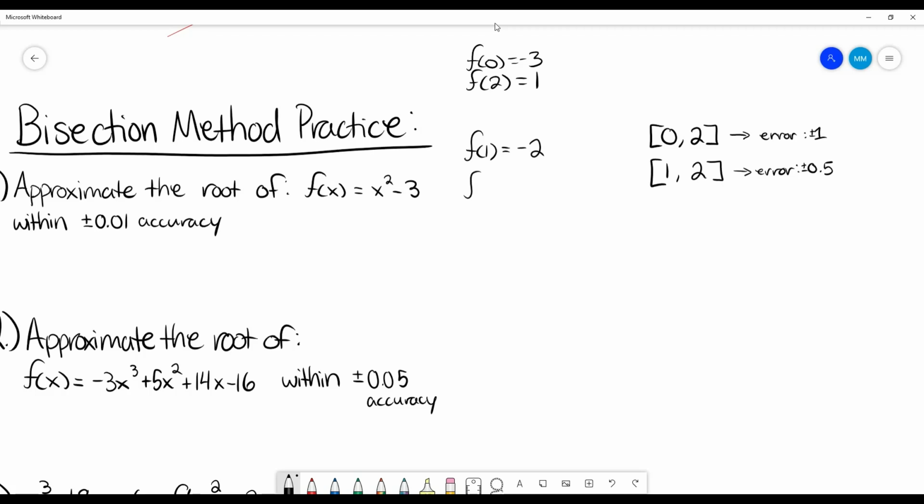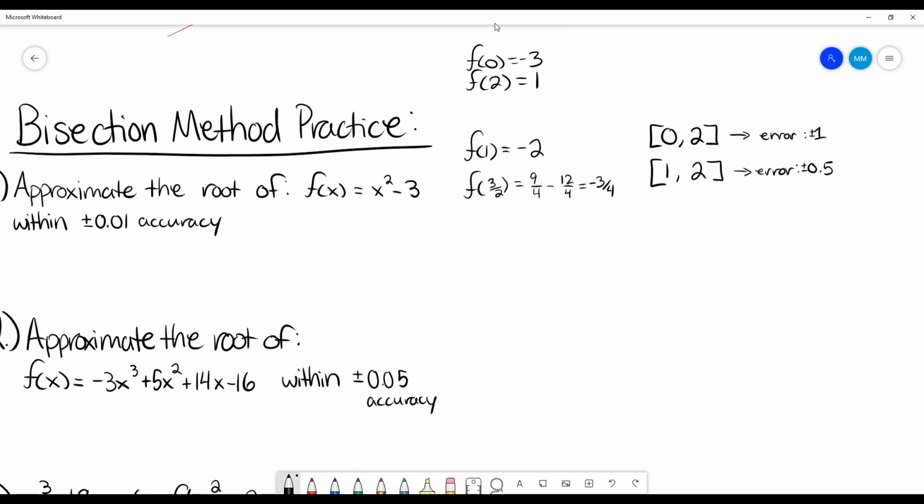So we're going to plug in f of 1.5, which I'm going to do with fractions because it's easier for me to do in my head. 1.5 is 3/2, which squared would be 9/4 minus 3. 3 is the same as 12/4, so this gets us negative 3/4.